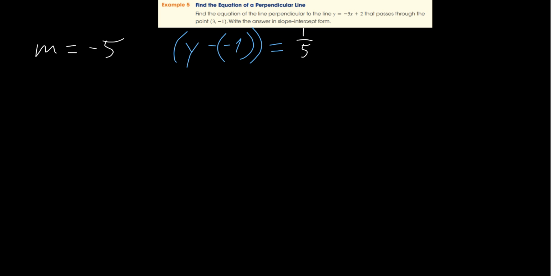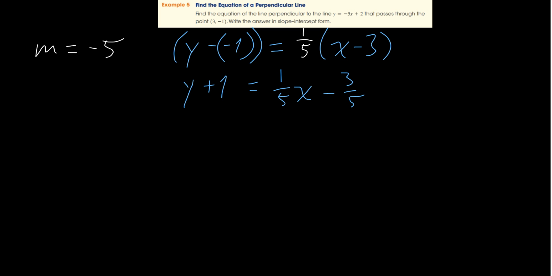And then it is x minus 3. All right, so let's fix this up a little bit. Now we have y plus 1 is equal to, and I'm going to distribute that 1/5, so I have 1/5 x minus 3/5.